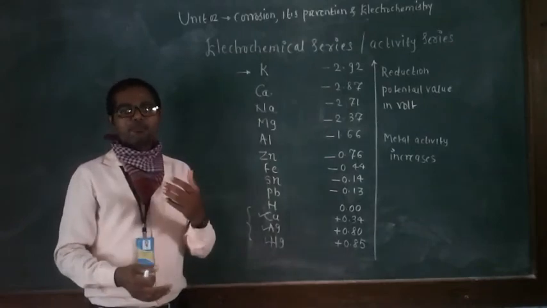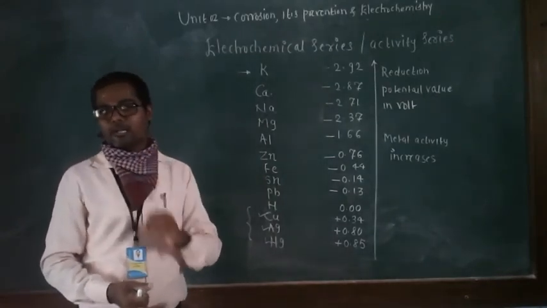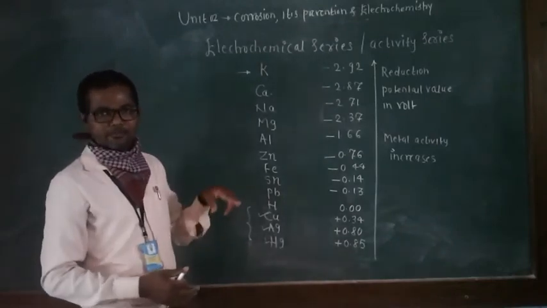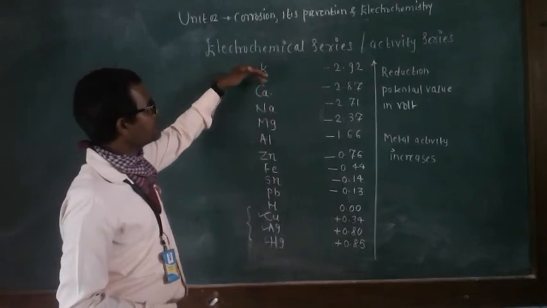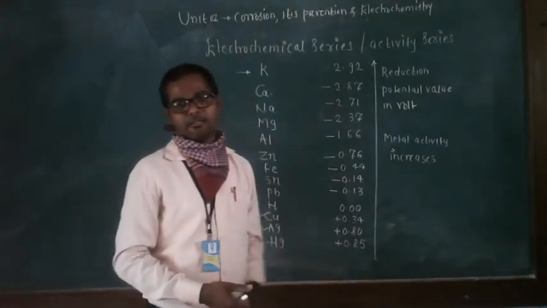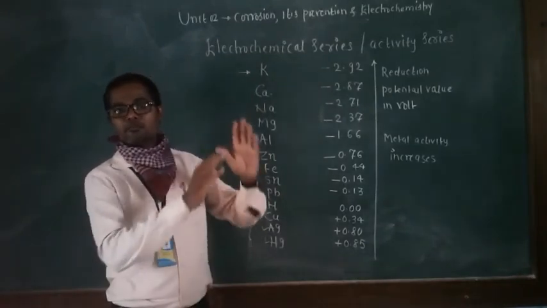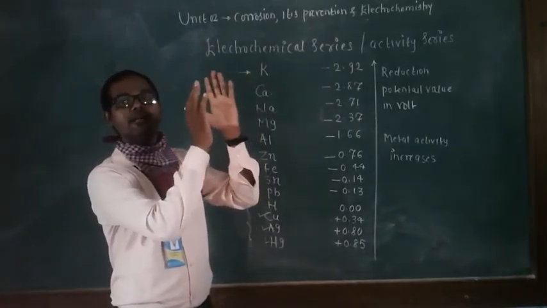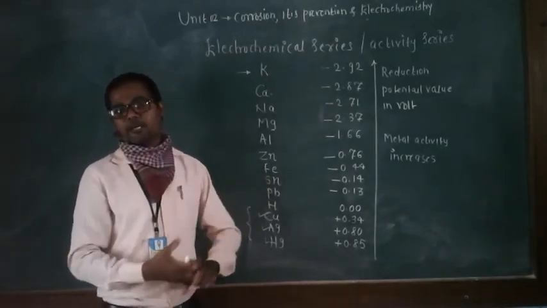Reduction potential means the tendency of the electrode to accept, to gain the electron. But why is the reduction potential value for potassium very high and in a negative sign? Because potassium is an active metal placed at the top of the activity series, and it has a tendency to lose the electron and not to accept electrons.